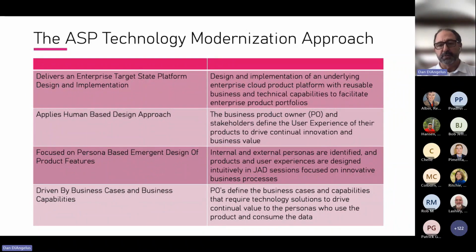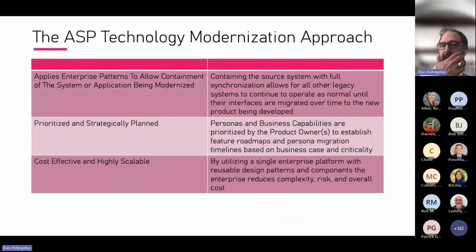So there's multiple personas during the modernization process. It's driven by business cases and business capabilities, obviously, and those are all defined by our product owners. And it allows us to apply these enterprise patterns during this containment period for the system being modernized, and keeps the agency from having to do all of the mainframe changes.